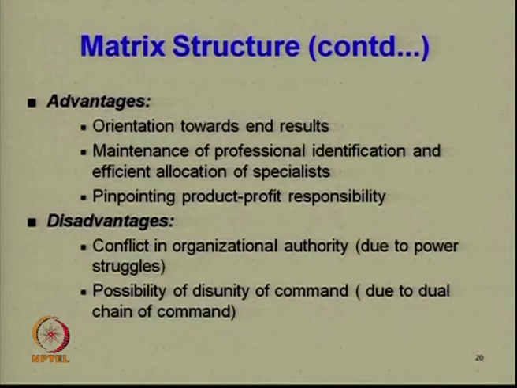A matrix structure has its advantages. It has an orientation towards end results, maintenance of professional identification and efficient allocation of specialists, pinpointing product profit responsibility. After all, if it is a commercial organization, the objective is to make profits. And if you are not making profits, you cannot survive.